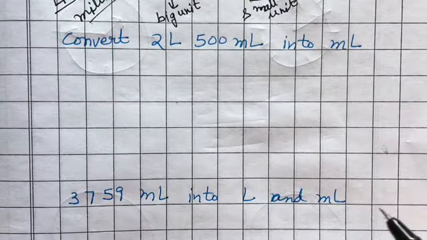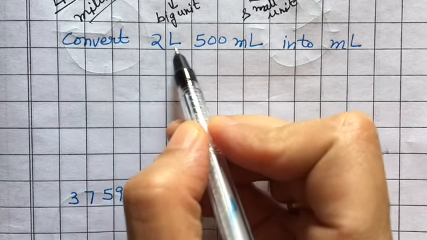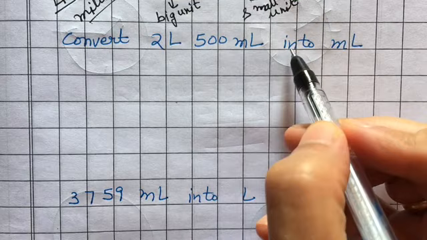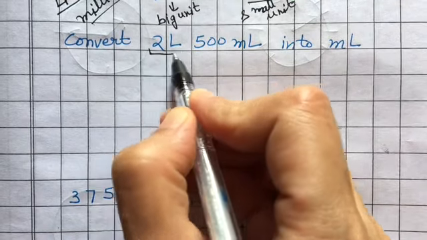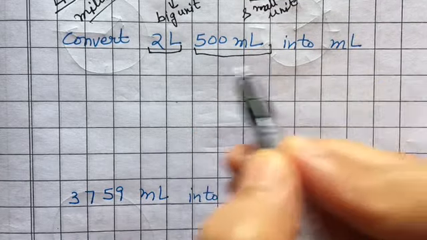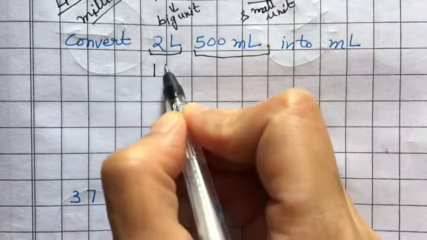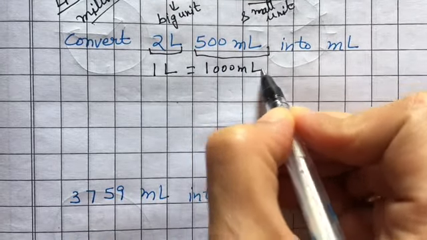Now the first thing that comes under this is conversions. So convert 2 liter 500 milliliter into ml, milliliter. So it is in the liter, it is already in the milliliter. So no need to convert it. Now we have already studied 1 liter equal to 1000 milliliter.